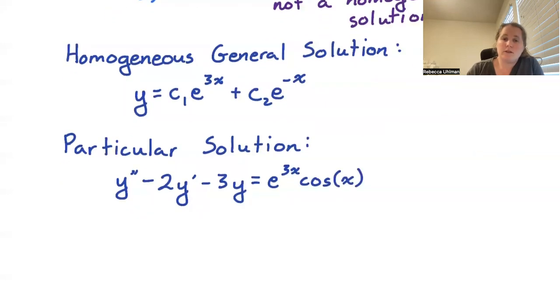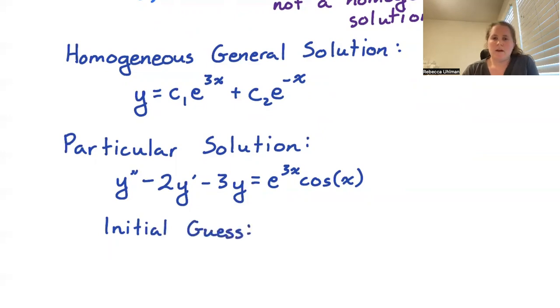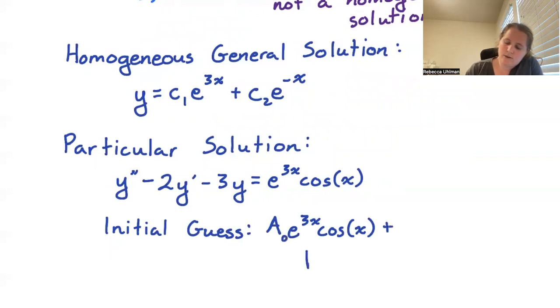So our initial guess should include an e to the 3x cosine x. And we didn't have a polynomial component, so we can just use an a naught. And then we will have a b naught e to the 3x sine x.